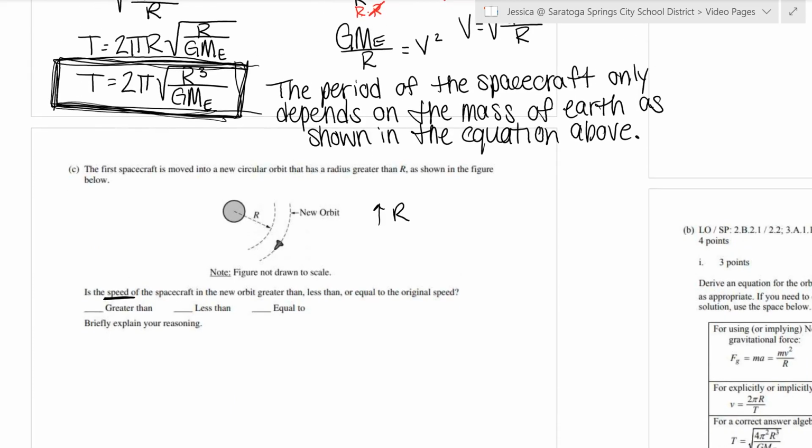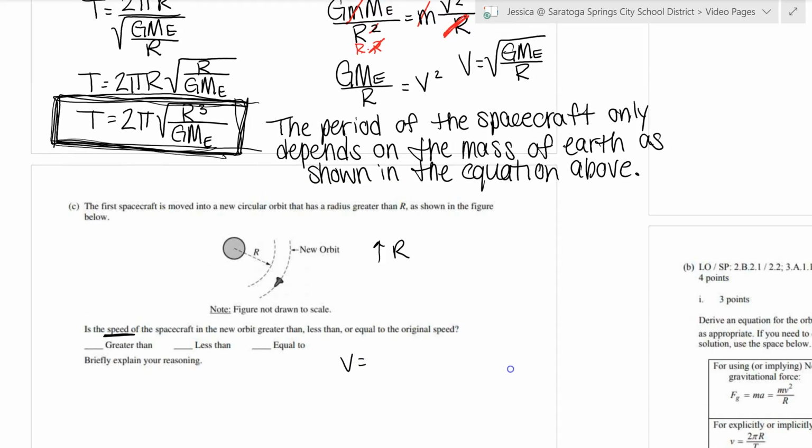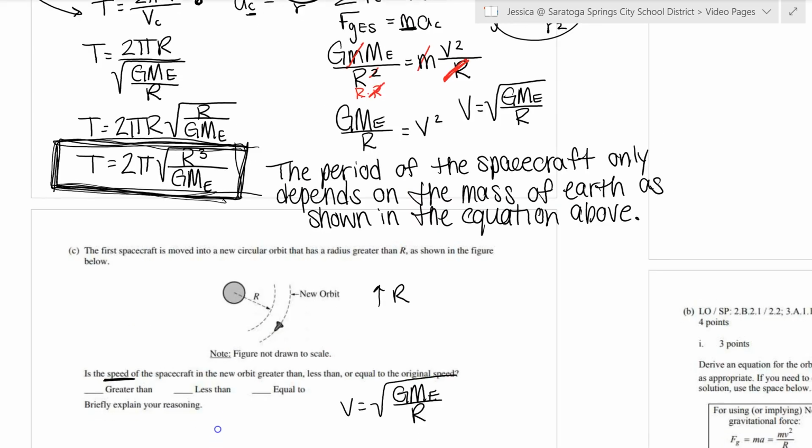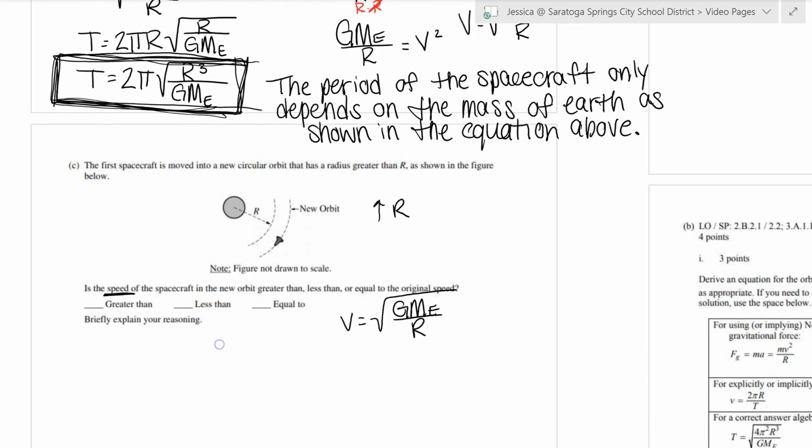The speed equation that we had gotten previously is v equals the square root of G M_E over r. So what that means is that v and r have an inverse relationship. So if we increase r, v is going to decrease.